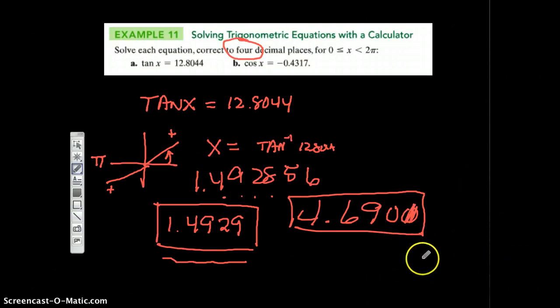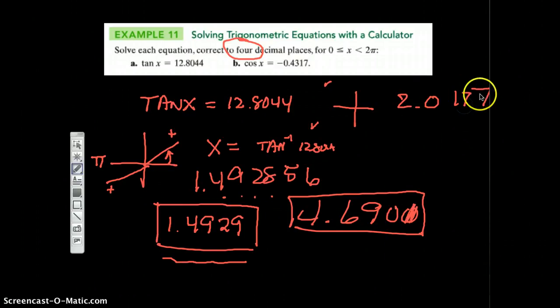Now we're going to do the same thing with the cosine, but please keep in mind that our cosine is going to be negative here and here. So if I take my calculator and I do inverse cosine of negative 0.4317, okay, I'm going to get 2.0172.